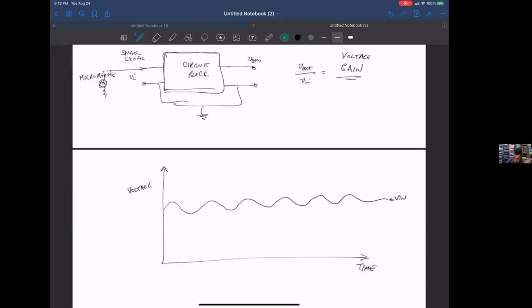And if you had a positive gain value, your Vout might look like this. This is really badly done, but you get the idea. And if you had a negative gain, your Vout would look like this. It'd still be gained up, but it would have the opposite sign as your input.